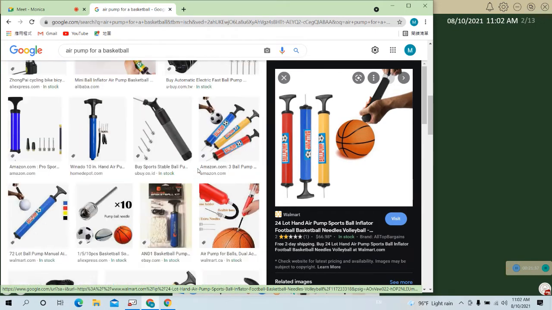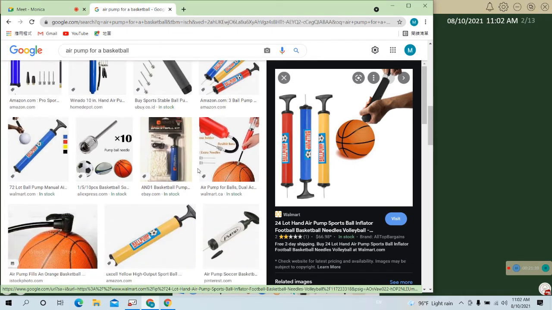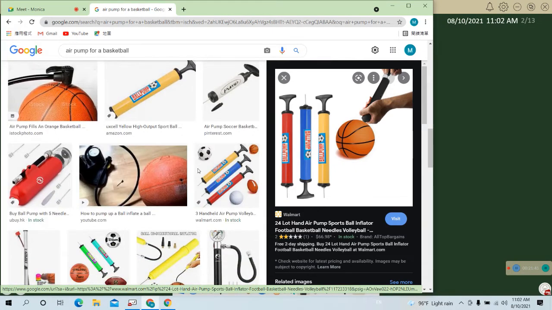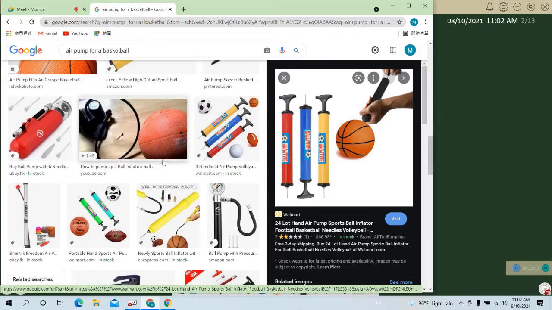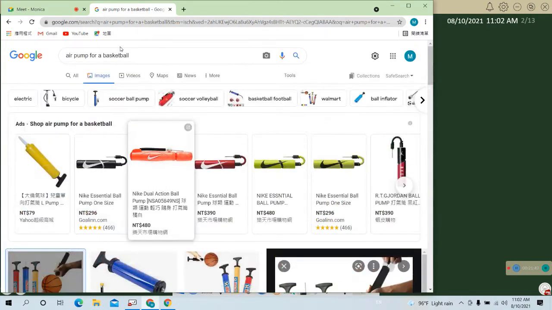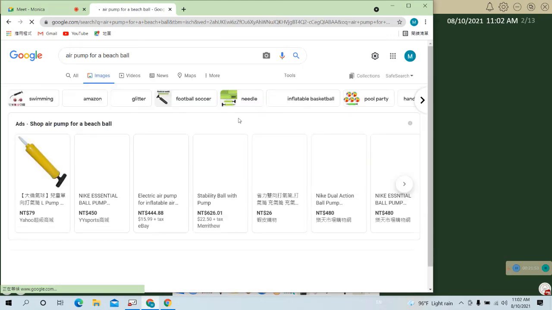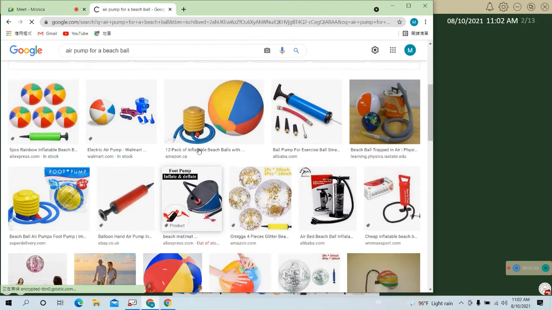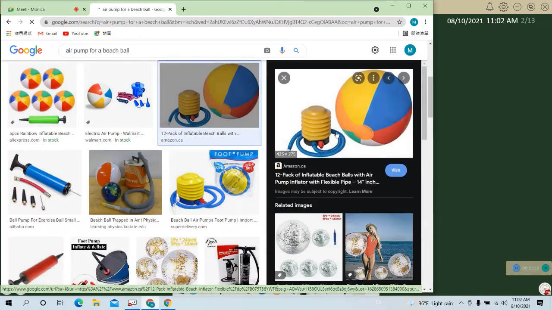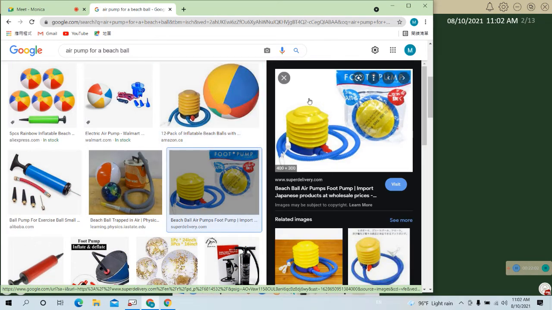Actually, it's not the same as the bike. It would be like the bike and like the balloon air pump. If it's a beach ball, like this, you can also have this kind, but this is a foot air pump.